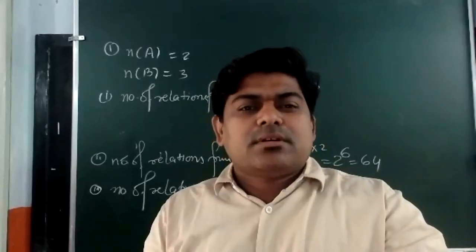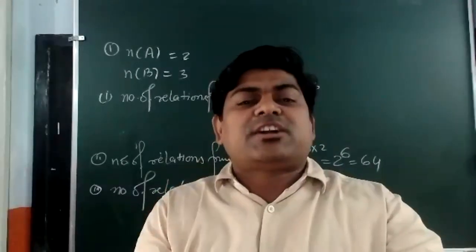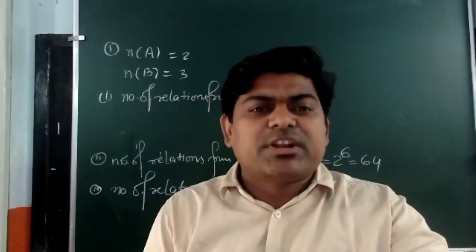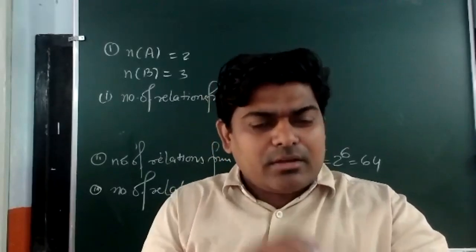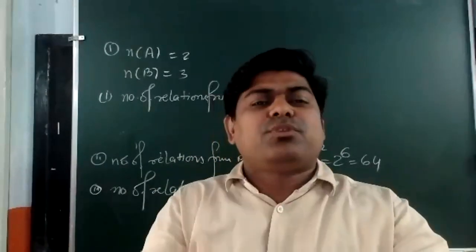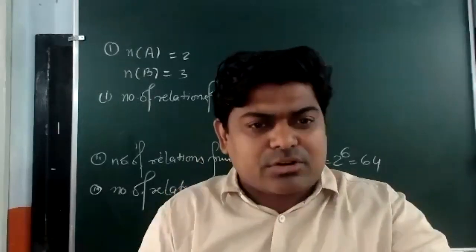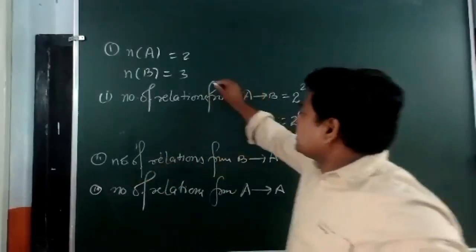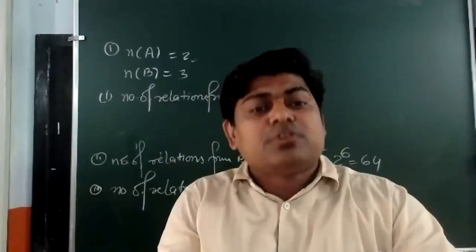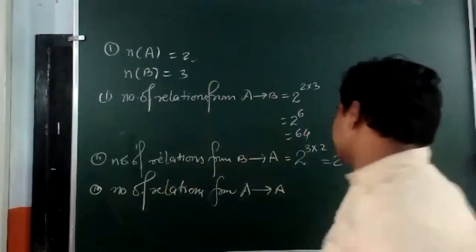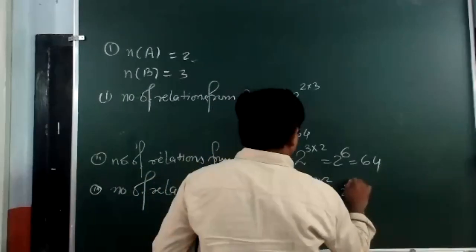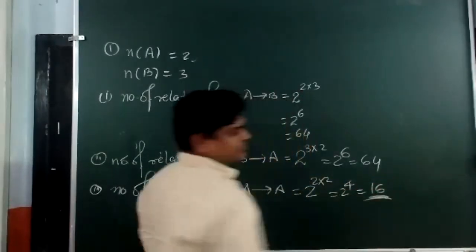It means R should be a subset of A cross A. So if R is a subset of A cross A, to find the number of subsets, we have to find the number of elements in A cross A. How many elements are there in A? 2. So in A cross A, the number of elements will be 2 into 2, it is 4. What can I write here? That is equal to 2 to the power 2 into 2, it is 2 to the power 4, that is equal to 16.